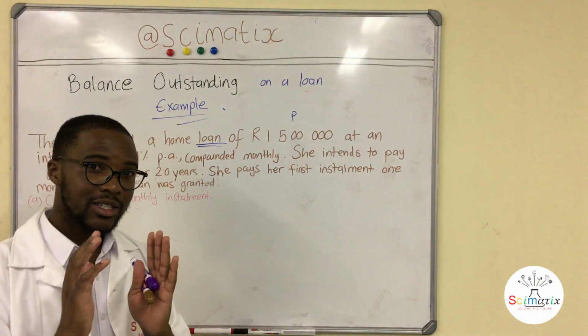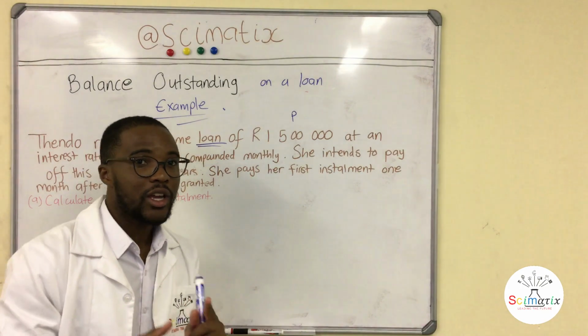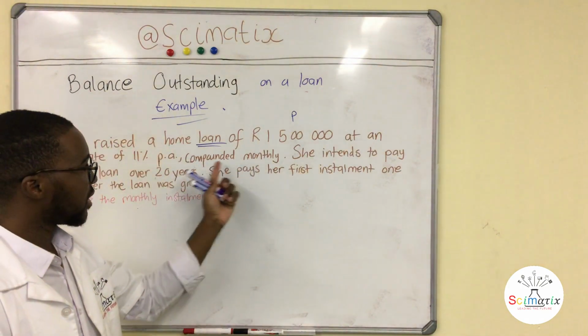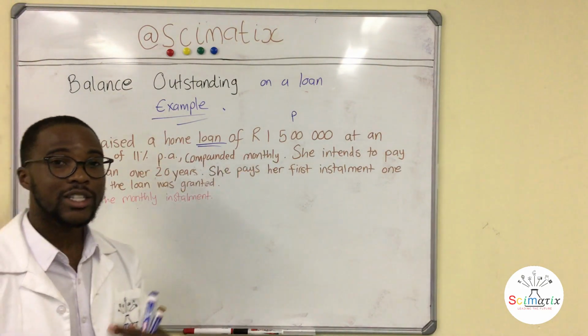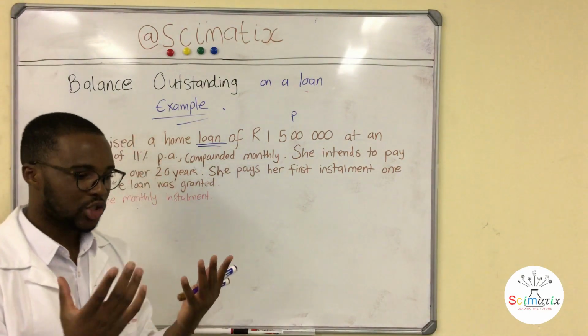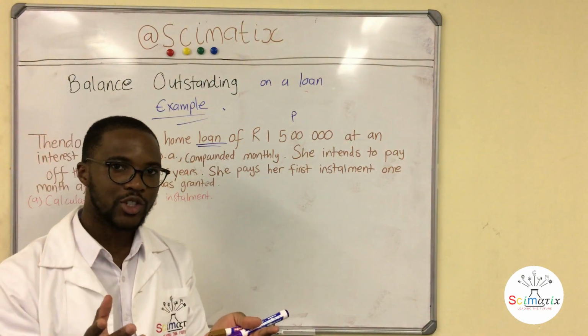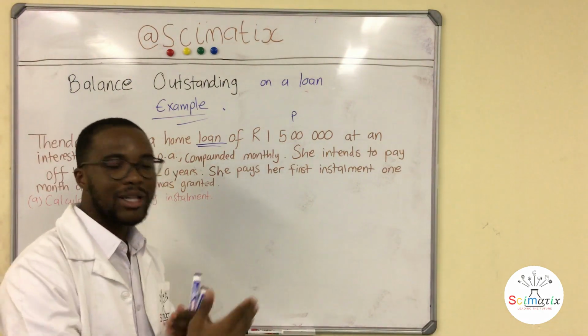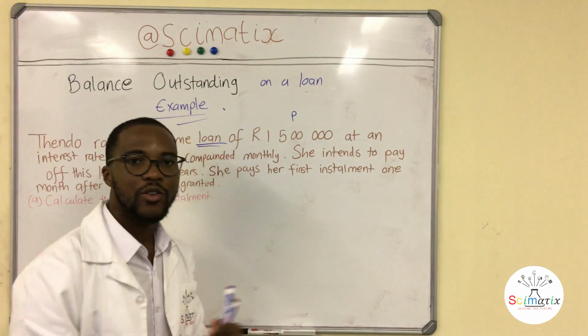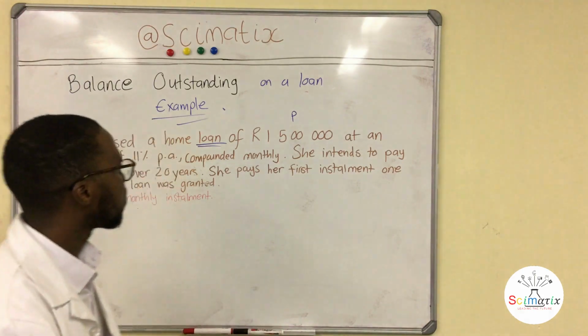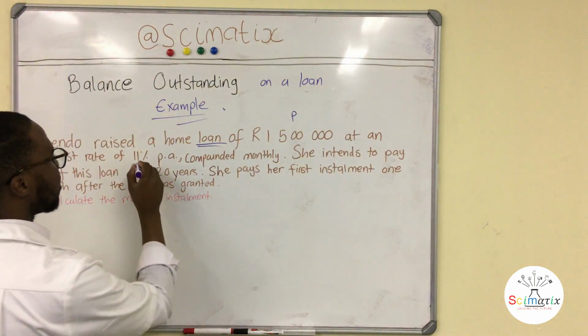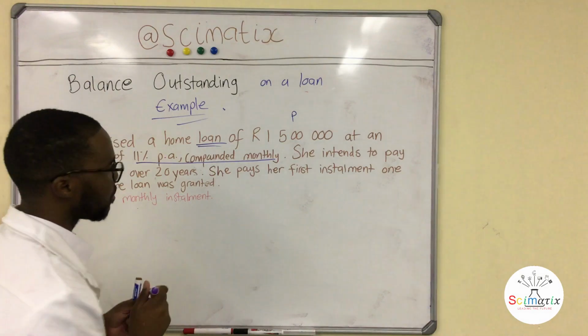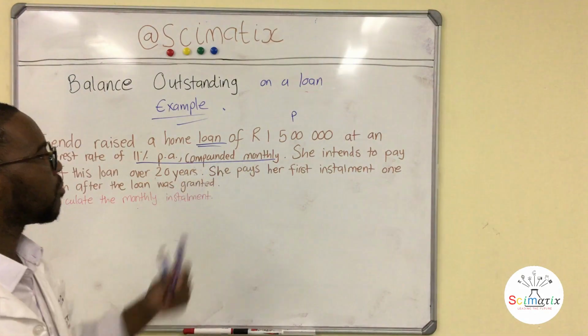So that's a nominal interest rate. If they hadn't added these two words, then you know that it's an effective interest rate and it's your job to convert it into a nominal interest rate, depending on how frequently this person pays off the loan: monthly, quarterly, semi-annually, and things like that. So now we know that our nominal interest rate is 11% compounded monthly.